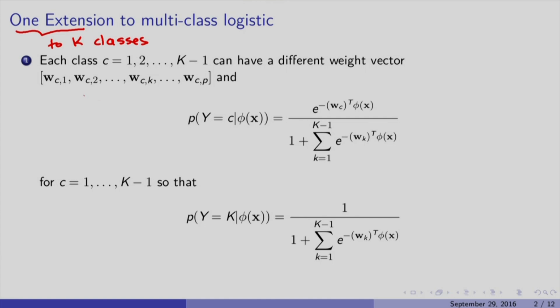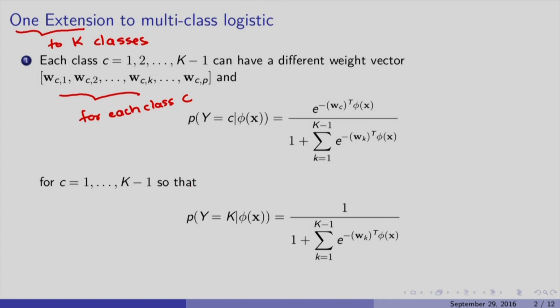We are going to have a weight vector wc1 to wcp, a p dimensional weight vector for each class C. But we are going to do this for the first k minus 1 classes, and the probability of a class C is nothing but e raised to minus wc transpose phi x divided by 1 plus summation of this factor over the k minus 1 classes.